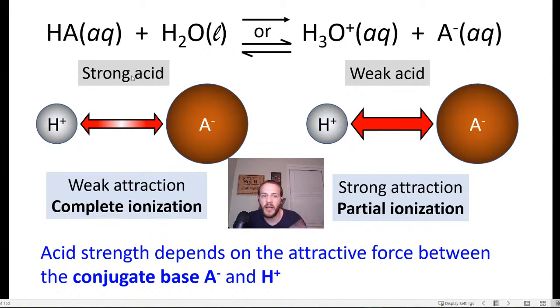So if you had something like HCl, that means that the attraction between that conjugate base and H+ is very, very weak. And so that's why you get a complete ionization in the case of a strong acid. On the other hand, if you have a weak acid, that means that there's a fairly strong interaction between the conjugate base and H+. And so that results in a partial ionization.